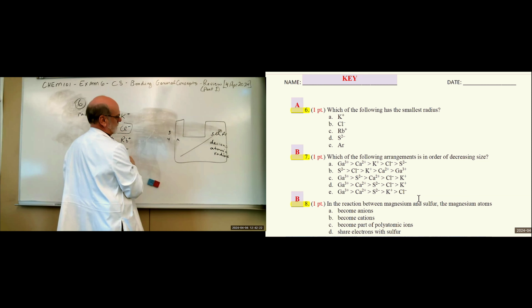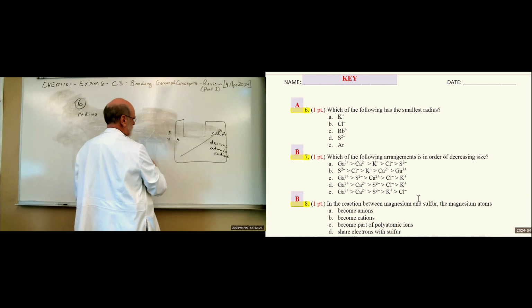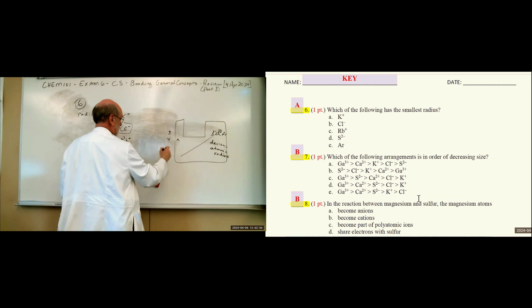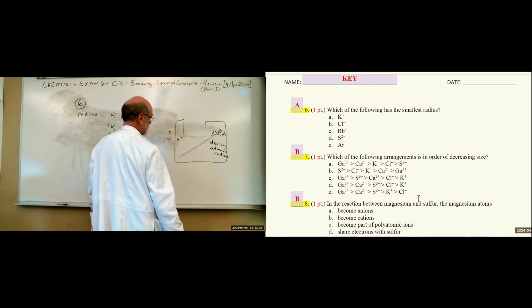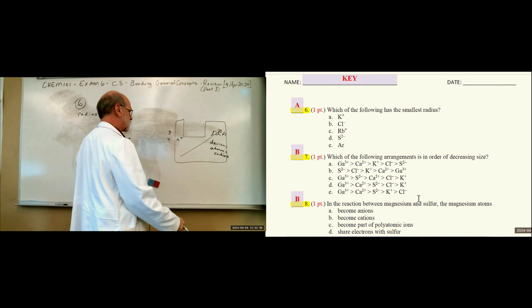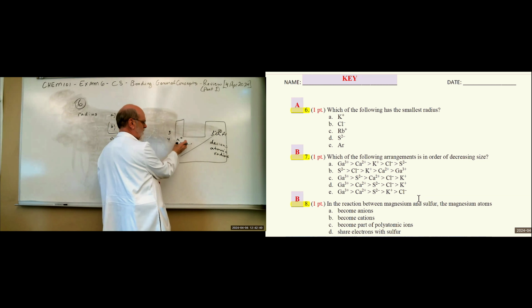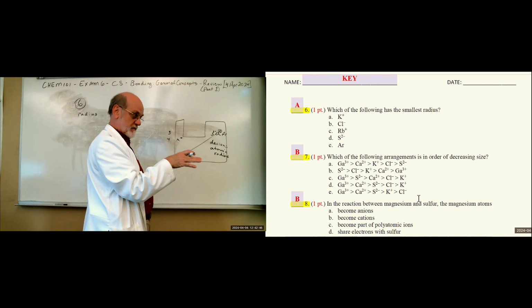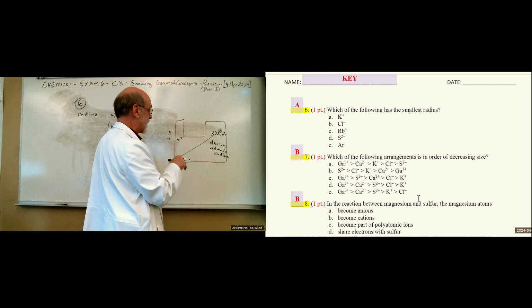So sulfur's bigger than chlorine, and chlorine's bigger than argon, especially since they've got extra electrons with them. What happens to potassium? Well, potassium should be a little bit larger as the neutral atom, not the ion.